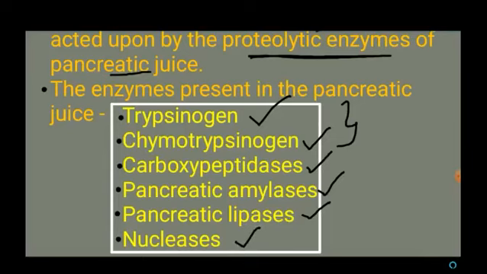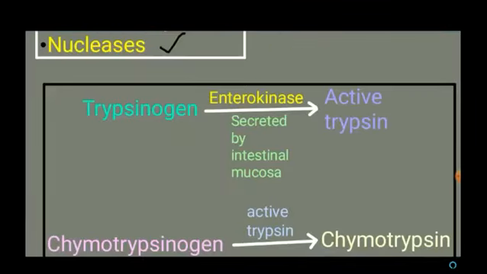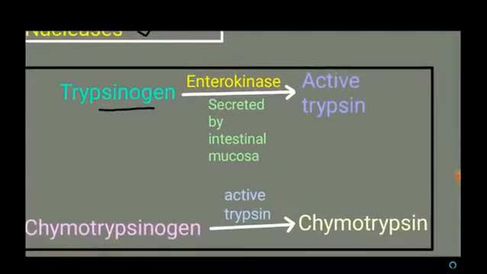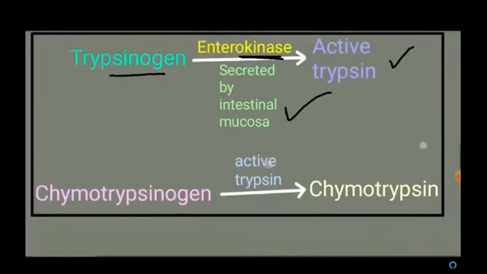Let us see the activity of these enzymes one by one. First we are going to see about trypsinogen. Trypsinogen is an inactive form. It gets activated into active trypsin with the help of the enzyme enterokinase. This enterokinase is secreted by intestinal mucosa, and this active trypsin in turn acts on chymotrypsinogen and converts it into chymotrypsin.